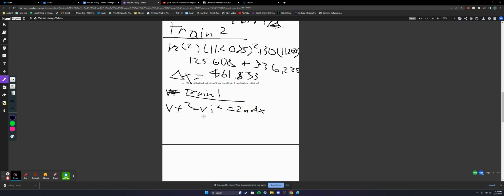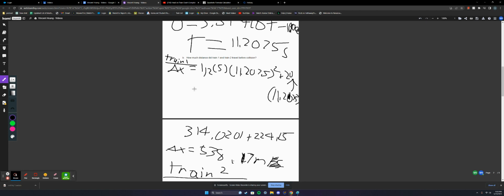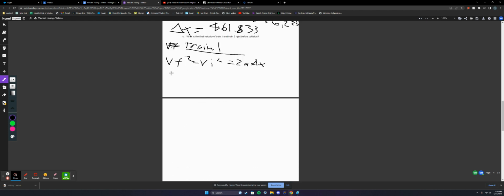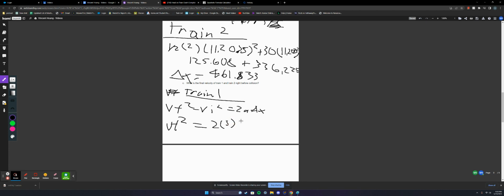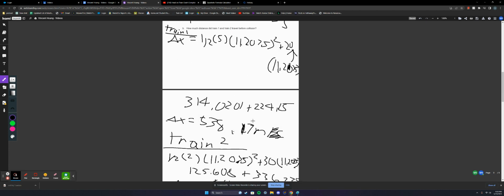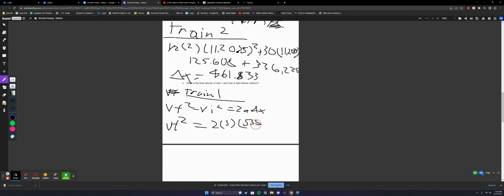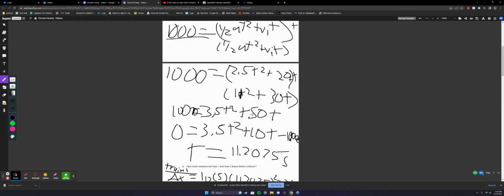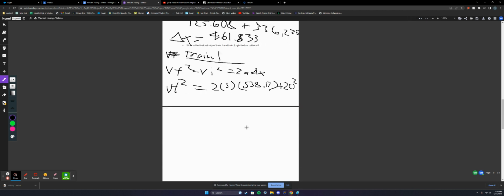We have v_i and acceleration, and we just figured out delta x from part B. So v_f squared equals 2 times the acceleration of train 1, which is 5, times delta x of train 1, 538.17, plus v_i squared, which for train 1 is 20 squared.